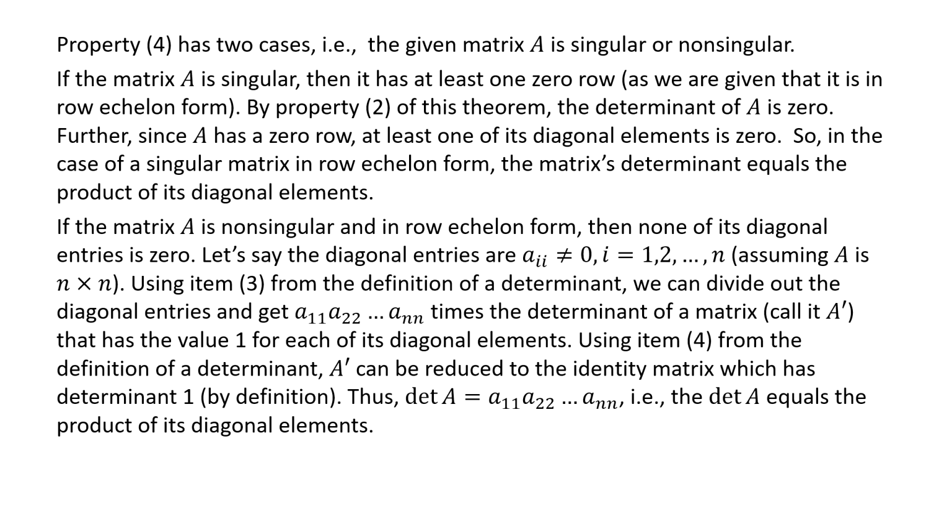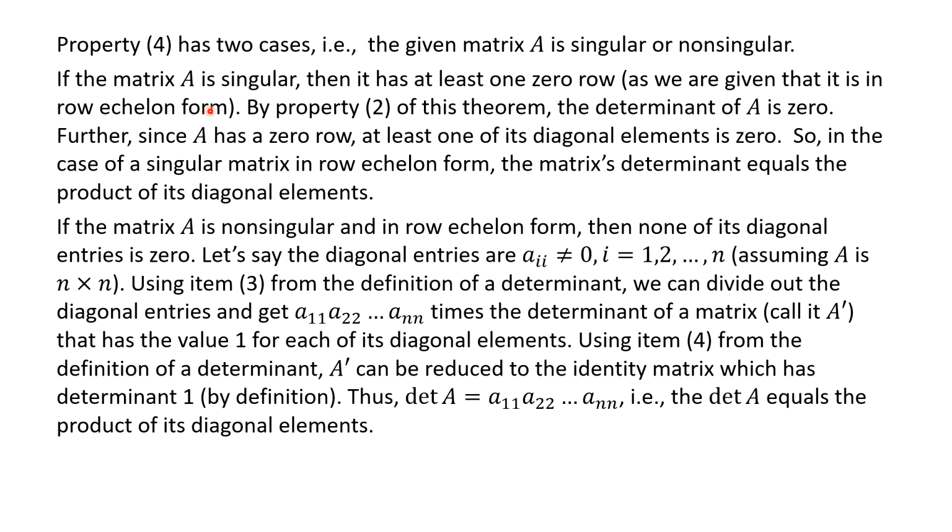So there's two cases, either A is singular or non-singular. And remember, singular means that it's not invertible, and non-singular means that A is invertible. Let's take the singular case first. So if the matrix A is singular, then it has at least one 0 row, as we're given that it's in row echelon form.